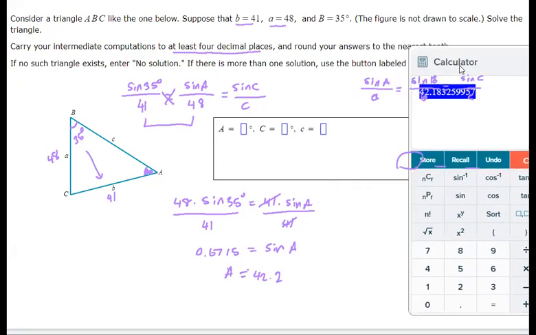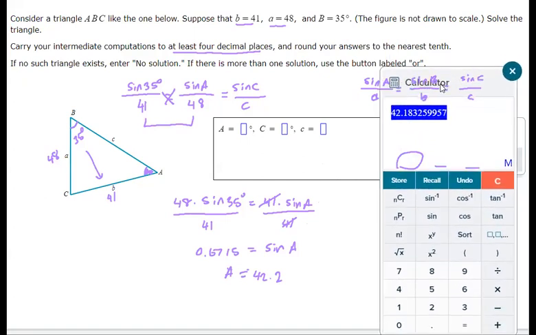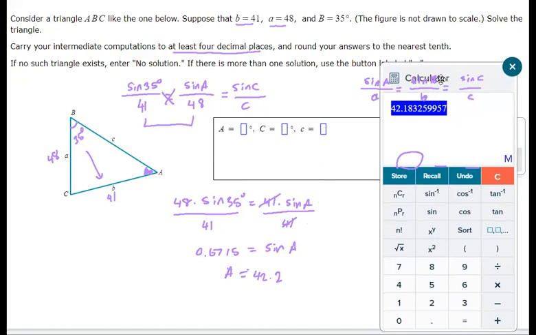Sometimes we have to be careful because we may have more than one solution, but how do we determine that? One of the key features of the sine function is that sine values are supplementary to each other. What I mean by that is, if I know the sine measure of one angle, this is equal to the sine measure of the supplement of the angle, so 180 minus alpha.